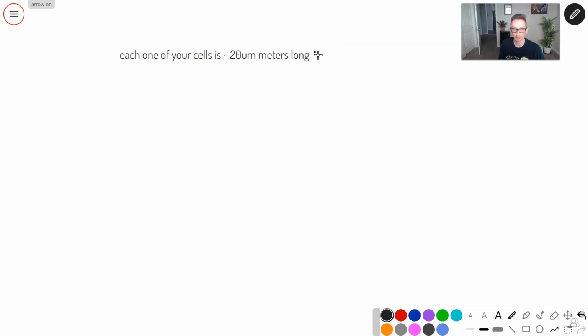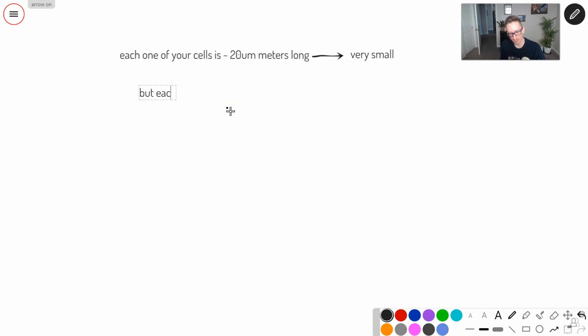Micro means 1,000 times. There's 1,000 micrometers in a millimeter. You can see a millimeter with your eye. You can't see a micrometer with your eye. The lowest you can see is about 50 micrometers with your eye, something like that. It's very small.